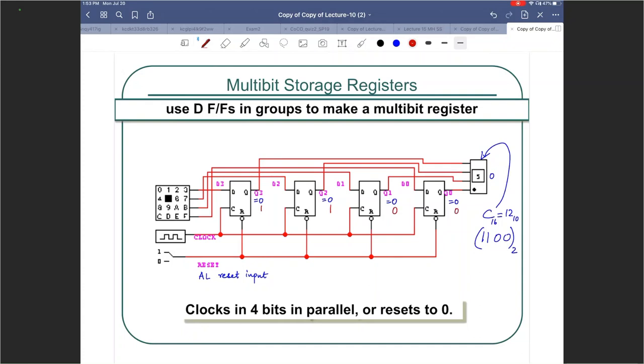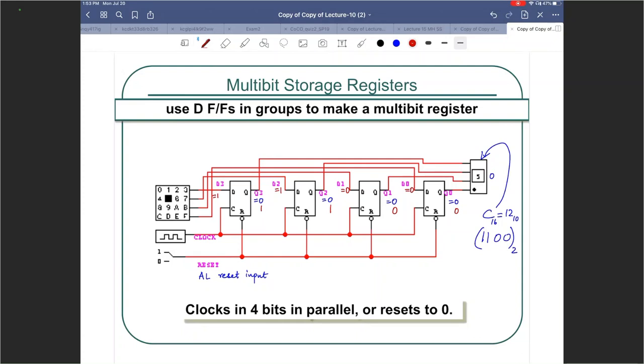If that is what I want, then I need to first change D3, D2, right? D1 and D0 can be zeros. So D3 needs to become 1 here, D2 needs to become 1 here, D1 needs to become a 0 here, D0 also needs to be a 0 here.